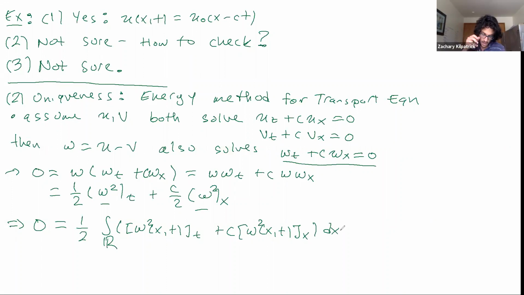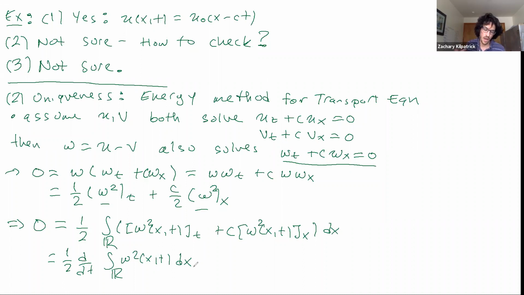So we can split this up now into 2 parts, okay? The first of these parts is going to be 1/2 d/dt of the integral over R of W squared (x,t) dx. I just pull the differentiation with respect to t out, okay?